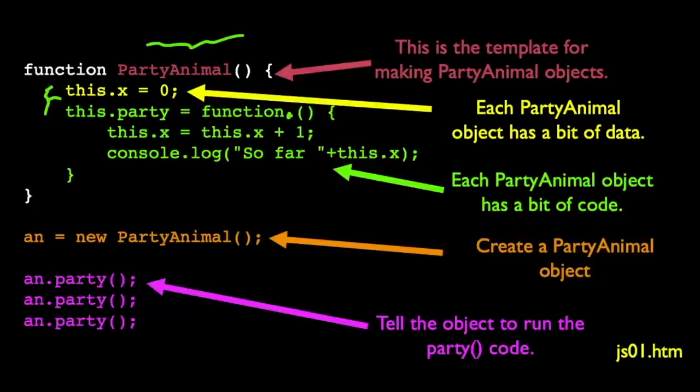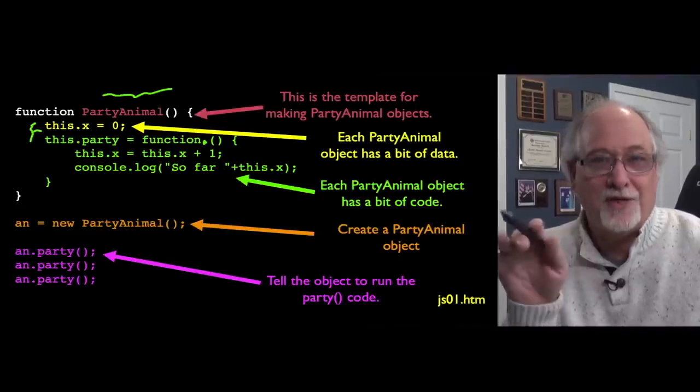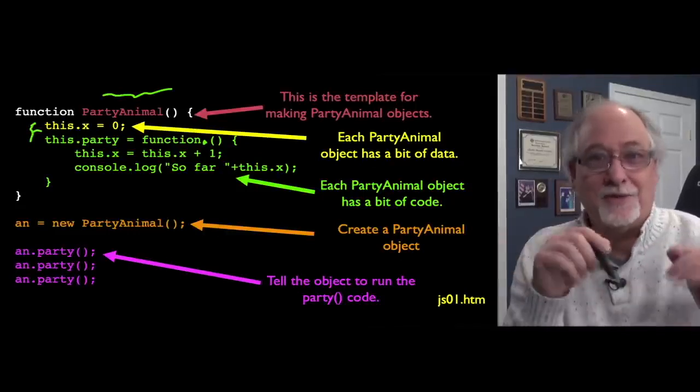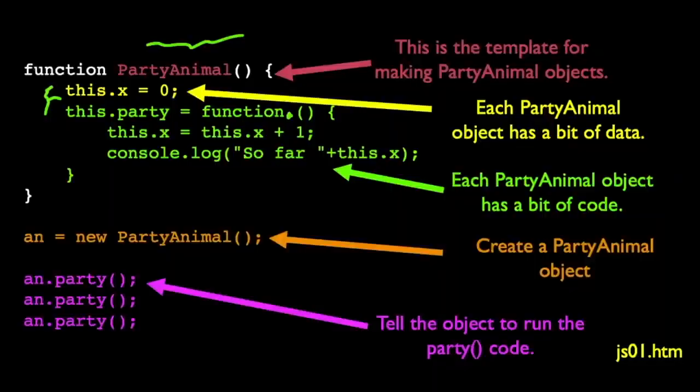Within that method, and I'd call party a method to use the terminology, within the party method, this is the instance that we're talking about. In Python, we use self for this, right? Different languages have this concept of the current object that we're part of. Remember how we talked about global and local inside of functions?